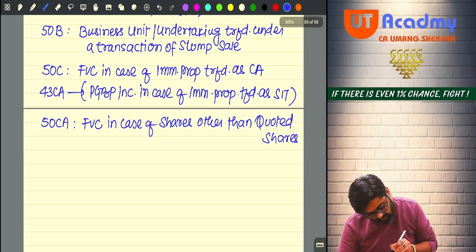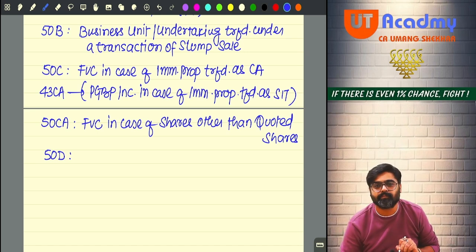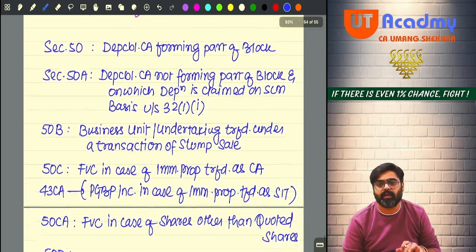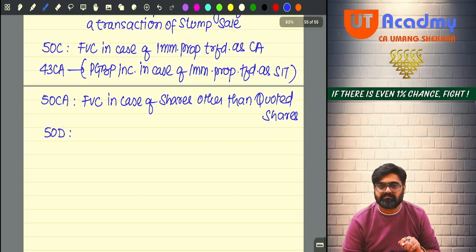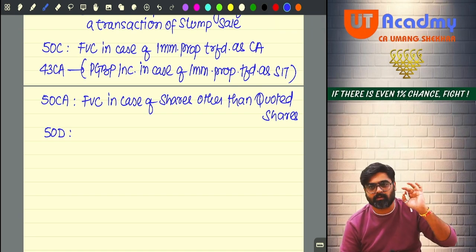Then 50D is there. Which section is there? 50D. Now we have tried to identify many assets. See, okay, for these assets, whatever is given in these sections, you are supposed to follow as it is.